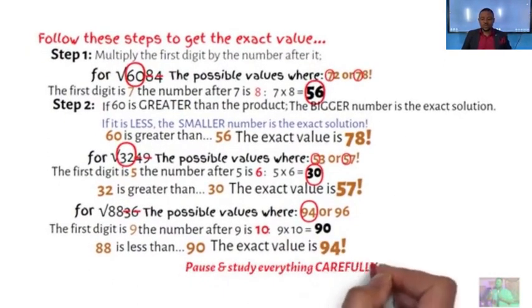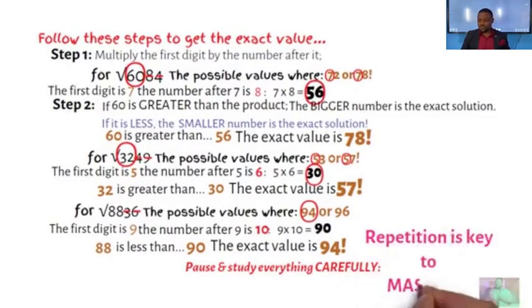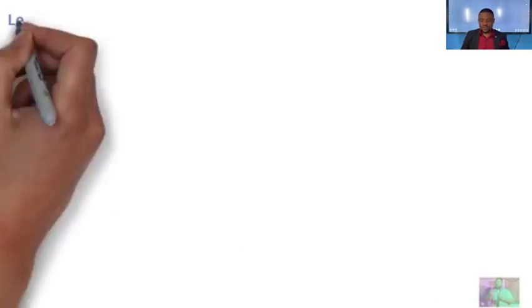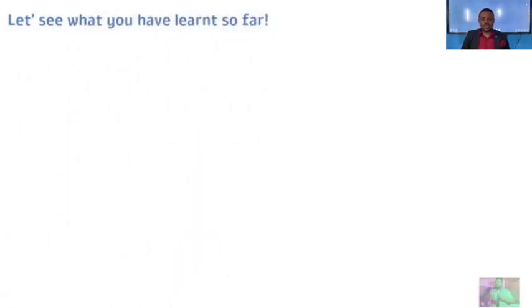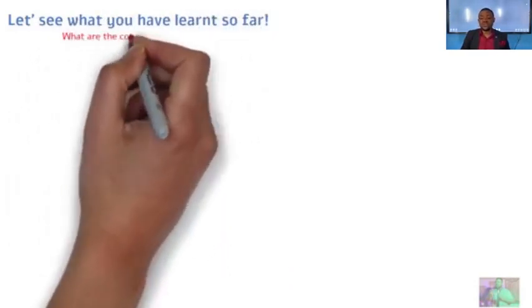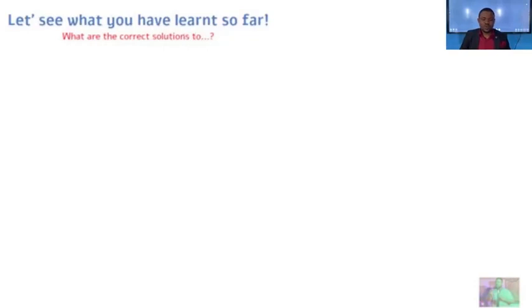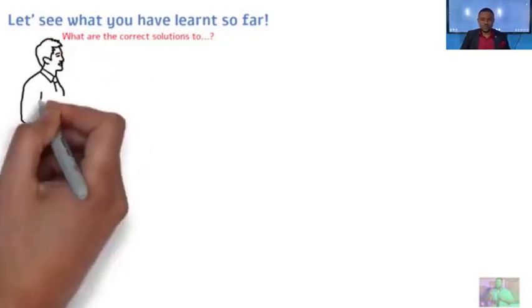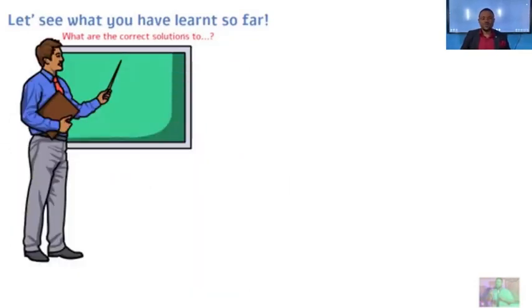Now if you want to go over this again, just pause and repeat this. You can rewind, and I've told you several times, repetition is key to mastery. So we'll go further and see what other things we can do. Let's see what you have learned so far. What are the correct solutions to the following?